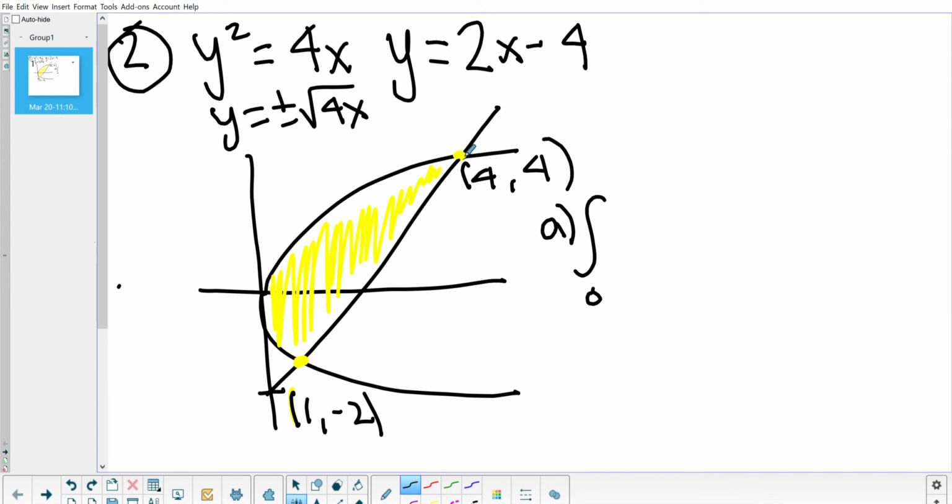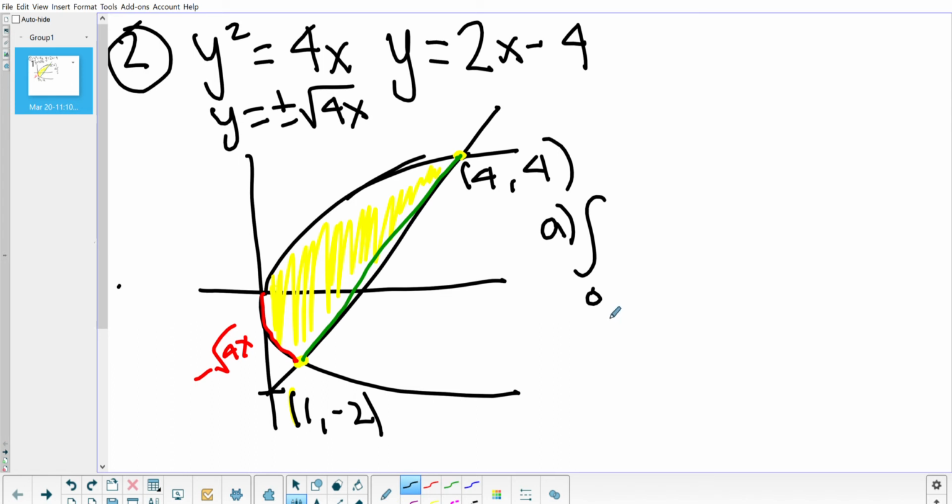It stretches from 0 to 4. This square root of 4x is the top curve the whole time. The problem is the bottom curve changes. It goes from being negative square roots of 4x to being the line, 2x minus 4. So we're going to have to split this up as we do this in terms of x.